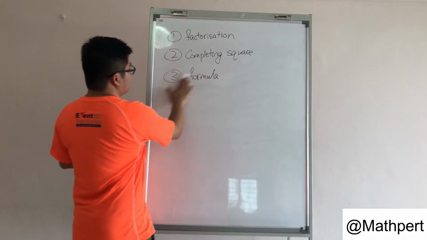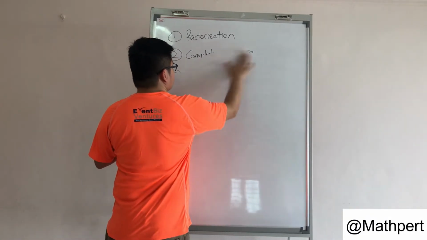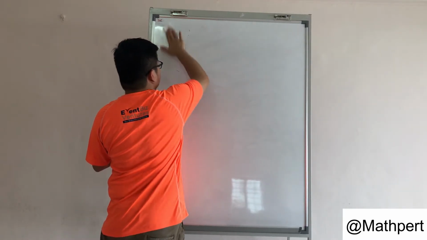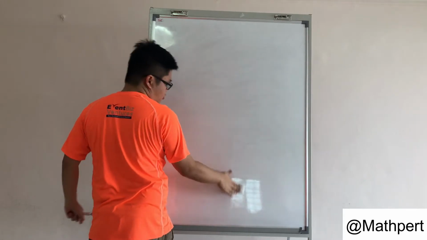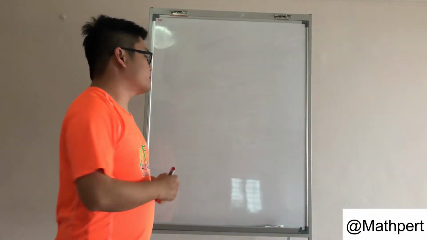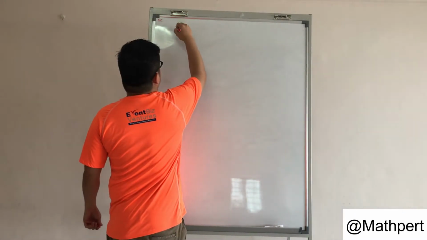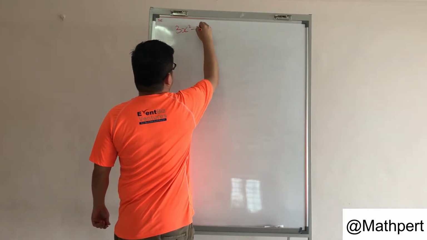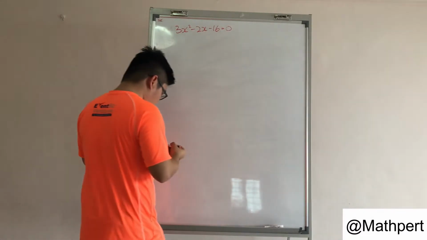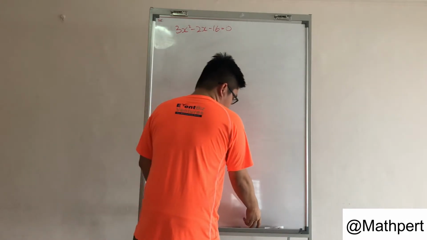So let me rub this off. I will show one example to you of solving quadratic equations using these three methods. The example will be 3x squared minus 2x minus 16 equals 0.